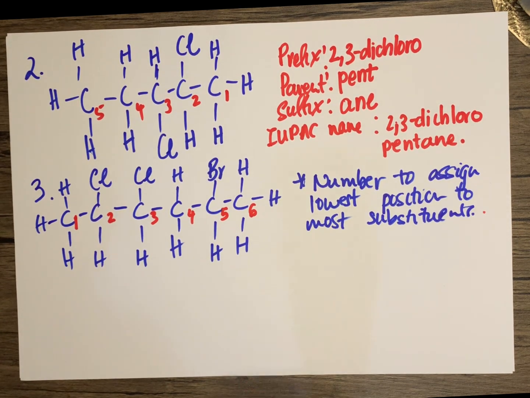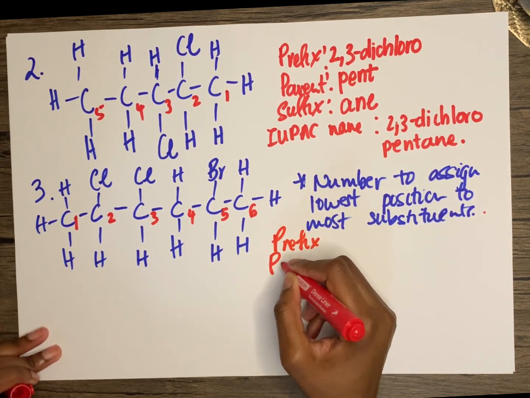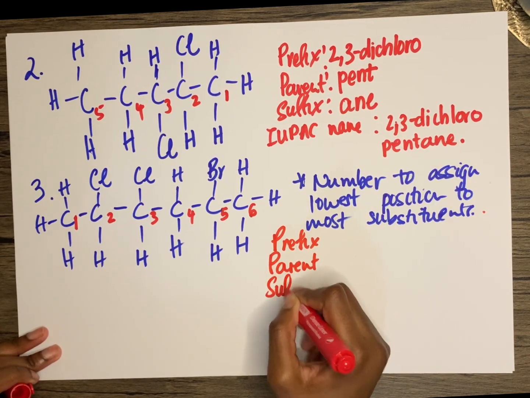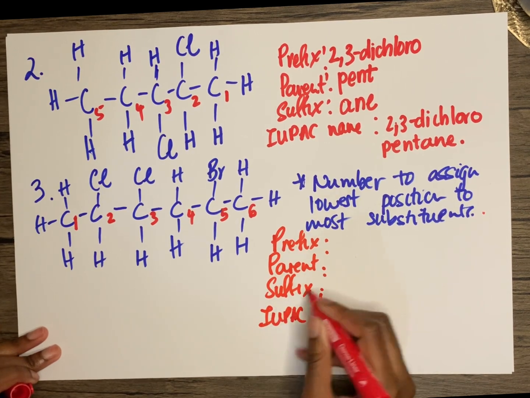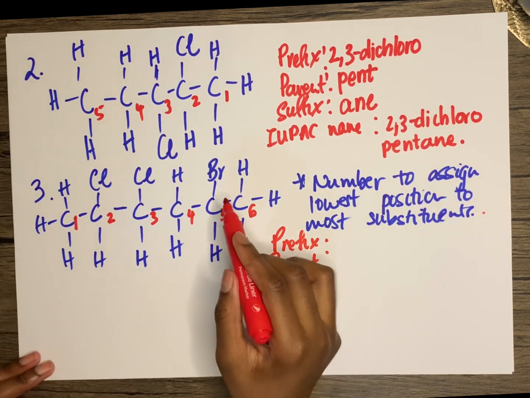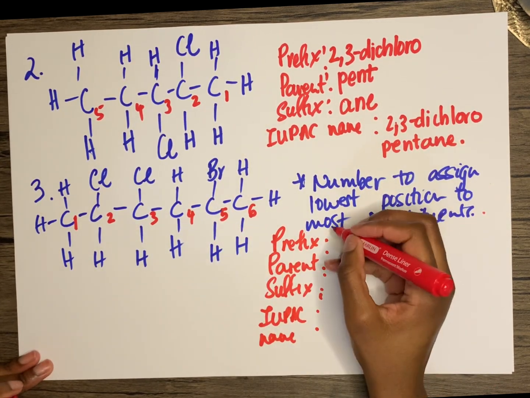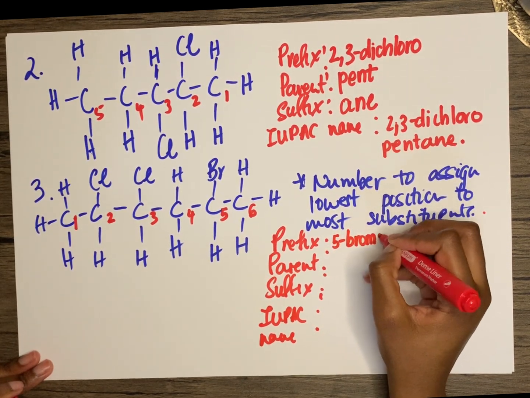So let's write down the name. It's going to be prefix, parent, suffix, and IUPAC name, right? My prefix is made up of my substituents. So I'm going to have to start by naming the bromo first. I have to name in alphabetical order. So I have 5-bromo, right?